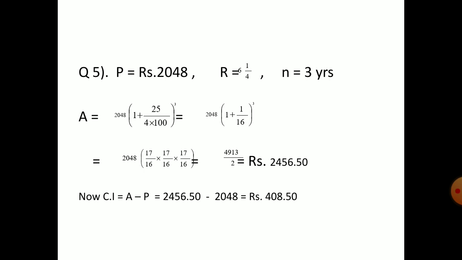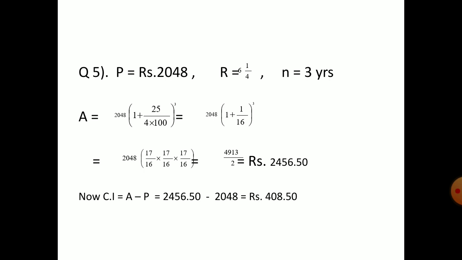That is equal to 2048 times 17 by 16 into 17 by 16 into 17 by 16. On solving this, we see that you'll get 4913 by 2. That is equal to rupees 2456.50. This is the, what is this value? This is the amount here. Amount is equal to 2456.50.